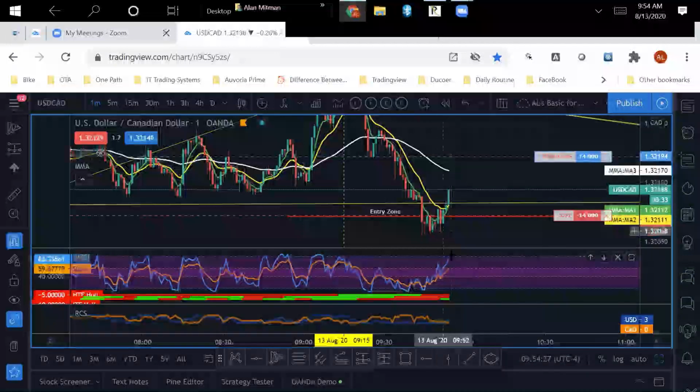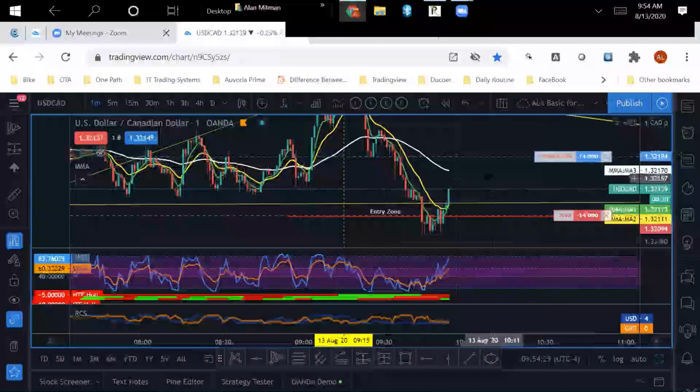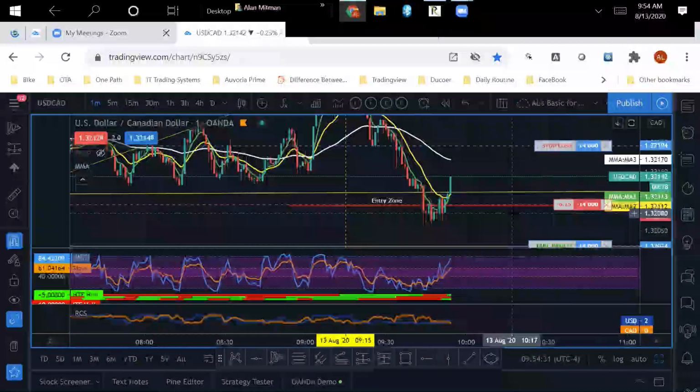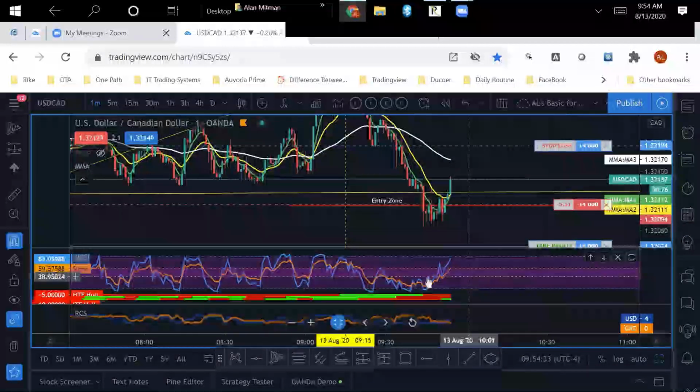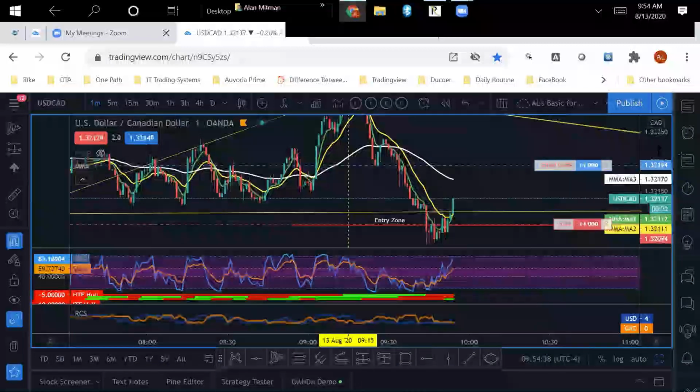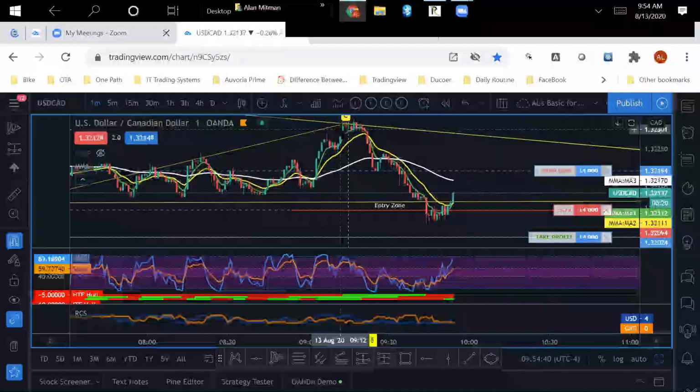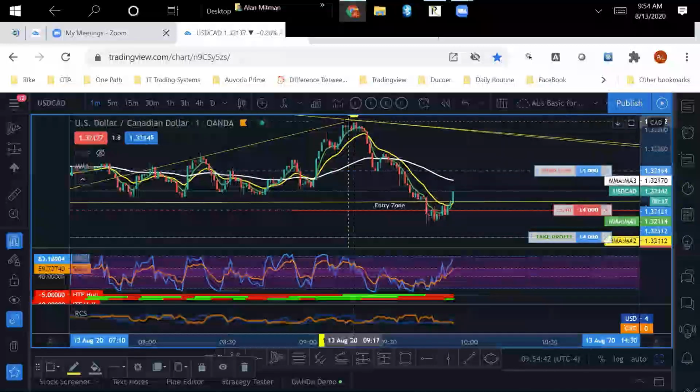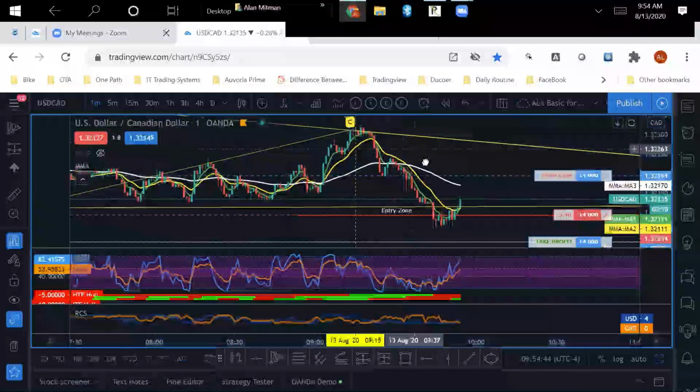See if we can get up. If it comes up and gives it a little hook, we should still be okay. We might, see, that's where the alert was.